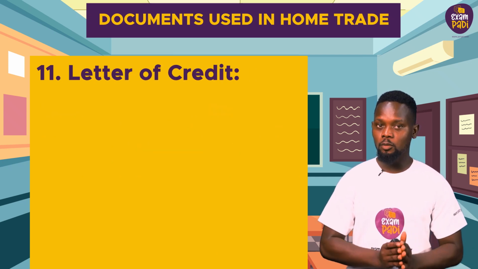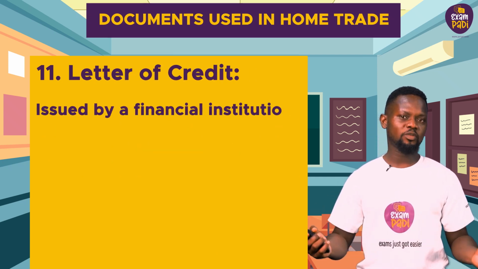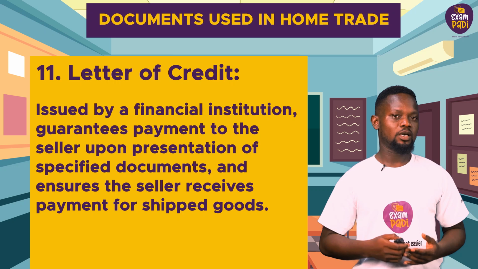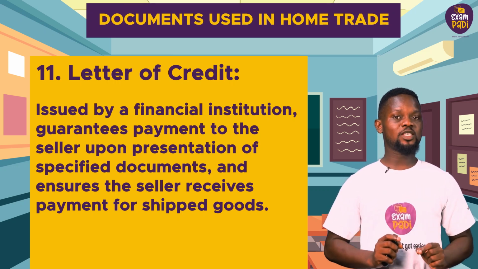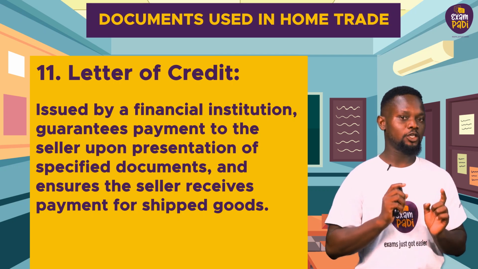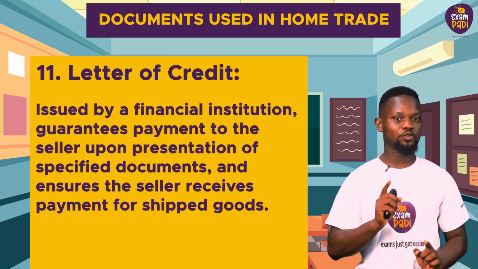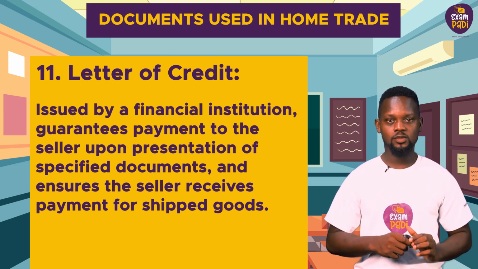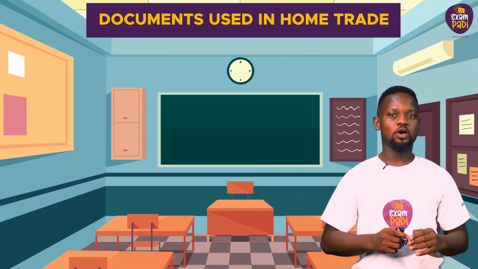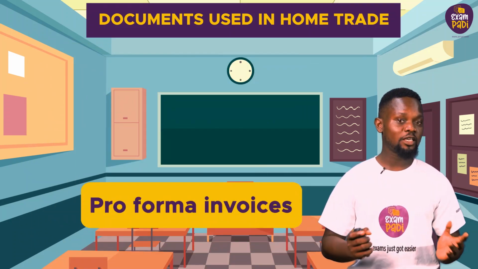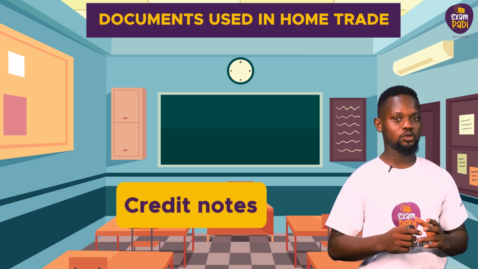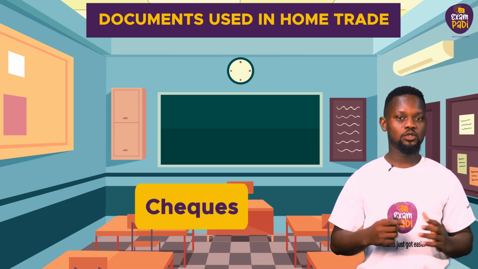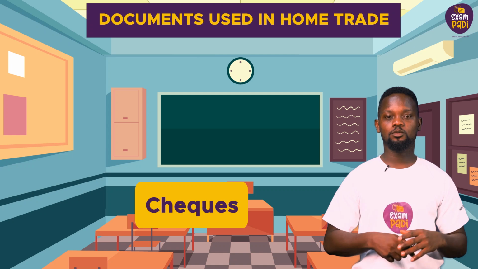And finally, number 11. Issued by a financial institution, guarantees payment to the seller upon presentation of specific documents and ensures the seller receives payment of shipped goods. Other documents include reference letters, pro forma invoices, advice notes, credit notes, debit notes, checks, and so on.